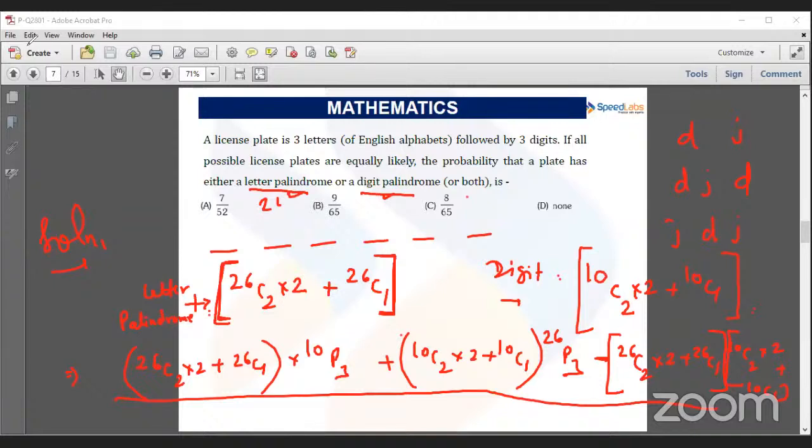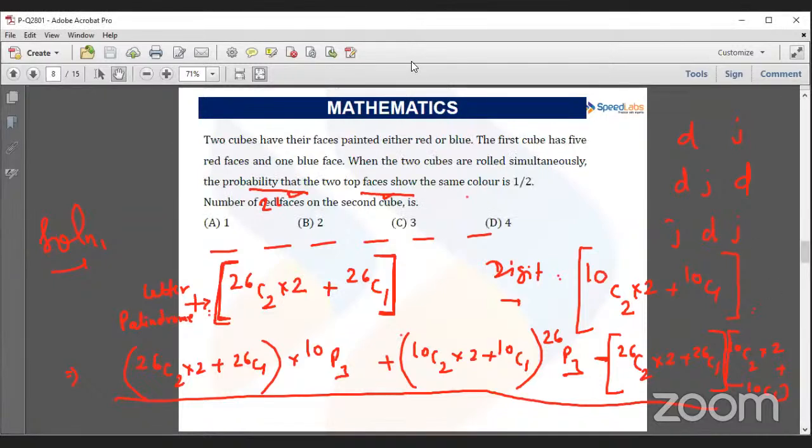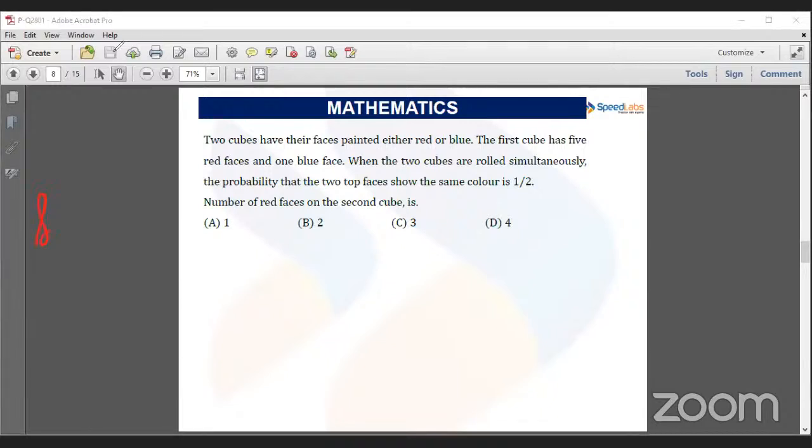Okay, then moving on. Two cubes have their faces painted either red or blue. The first cube has 5 red faces and 1 blue face.